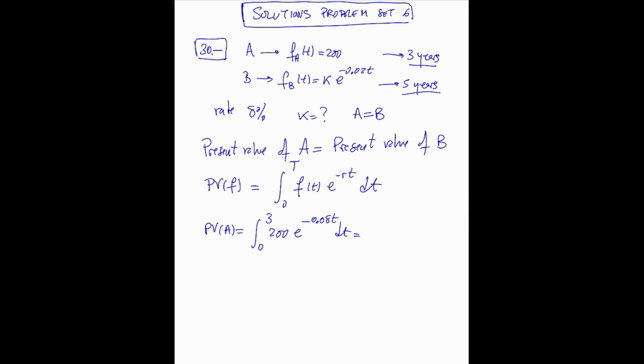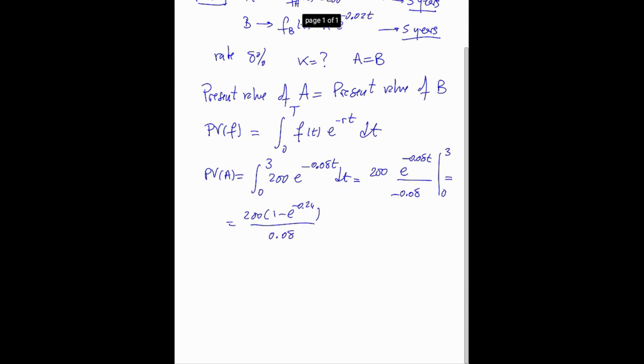That's equal to 200 e to the minus 0.08t divided by minus 0.08 between 0 and 3. So that's equal to 200 times 1 minus e to the minus 0.24 divided by 0.08.